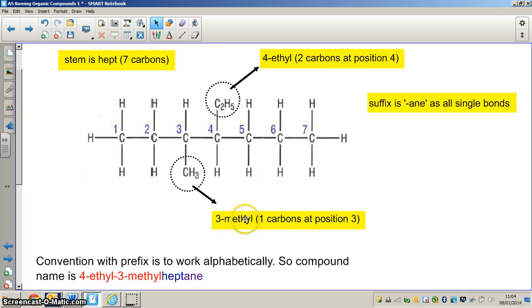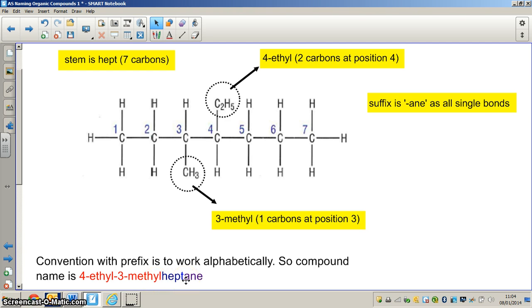And same annotation as with the last example, this time we've got 2 prefixes, haven't we? We've got 3 methyl, 4 ethyl, and finally, inspecting the molecule once again, we can see it's a saturated molecule. All of the bonds are single, so it's an alkane, so the suffix is -ane. And if we put all these pieces together, we get an overall name of 4 ethyl, 3 methyl heptane.